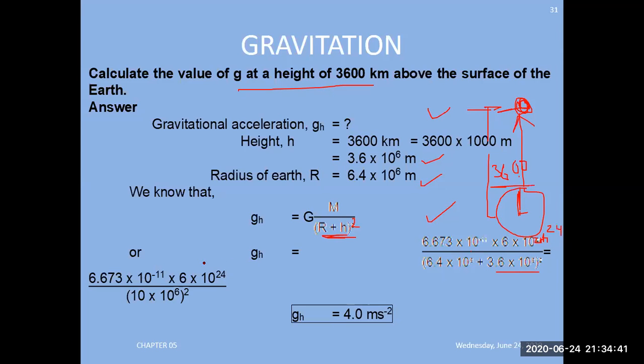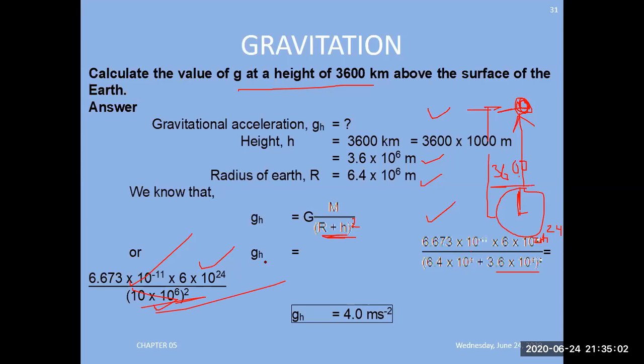If you put the values here, you have 6 times 10 to the 24 kg, here is the radius of the Earth, and this is the total distance, the height of the object from the Earth, the radius of the Earth plus 3600 kilometers. So you add these two, and you will get this one.